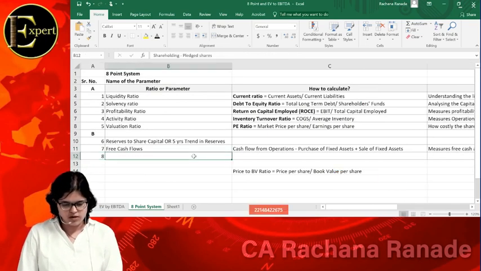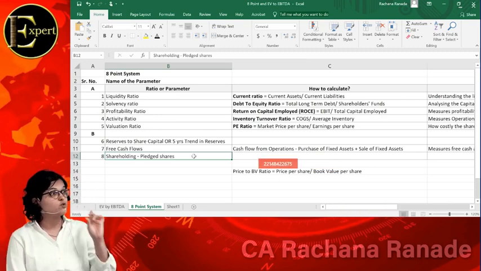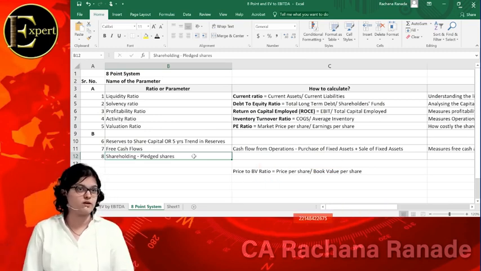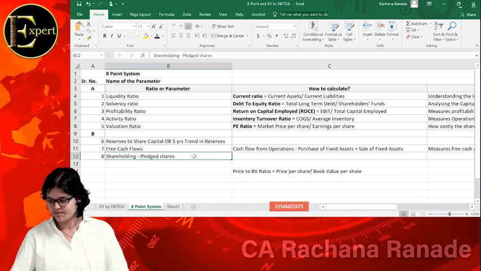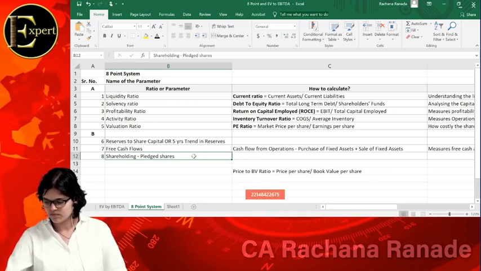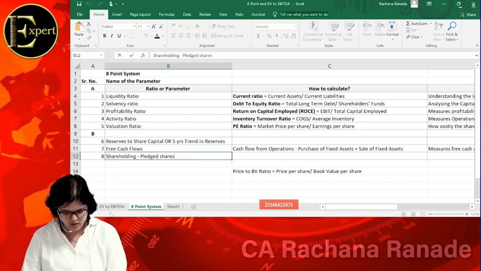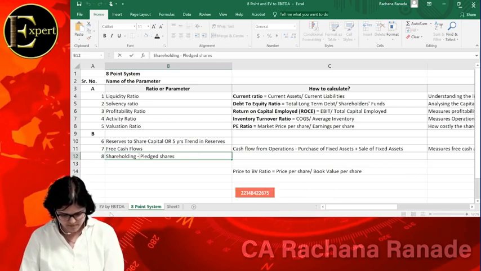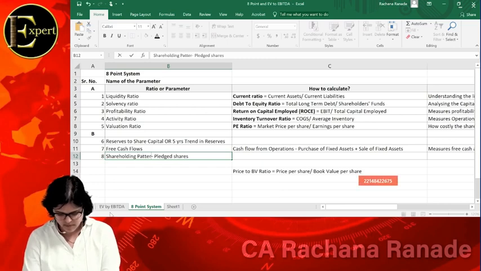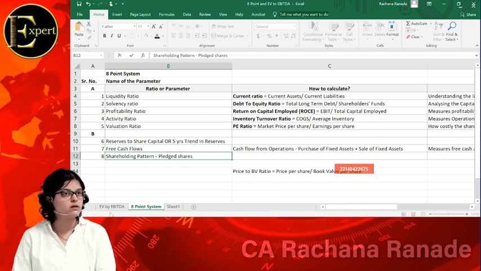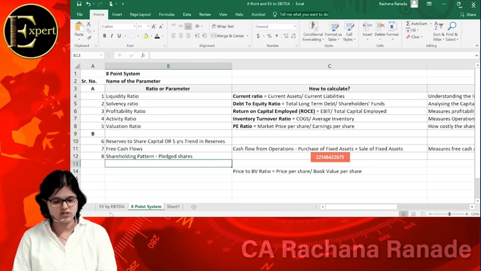And moving on to the last one, the 8th point, which was the simplest one. Shareholding pattern, which was pledged. How many shares have been pledged by the company? That was an important parameter though. So shareholding pattern, you may say, dash, it's not minus. Shareholding pattern dash pledged shares.